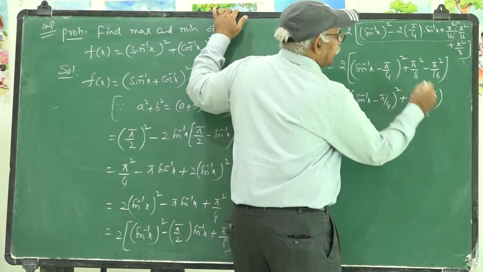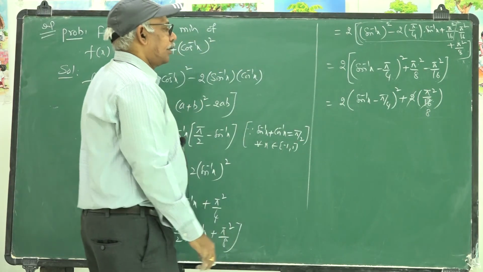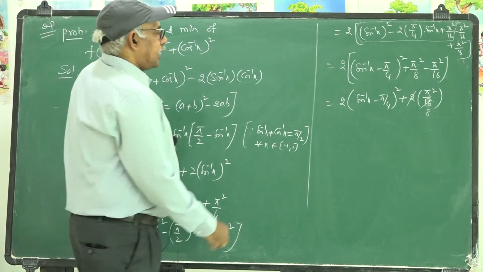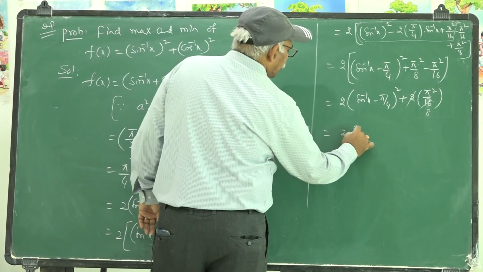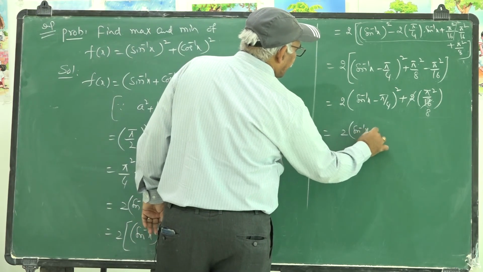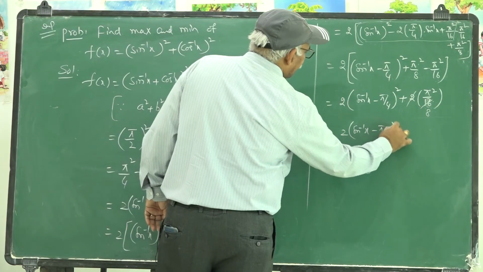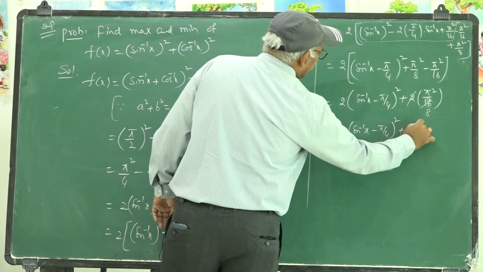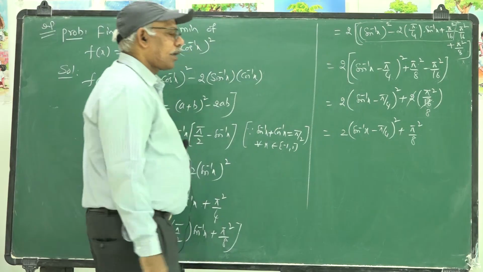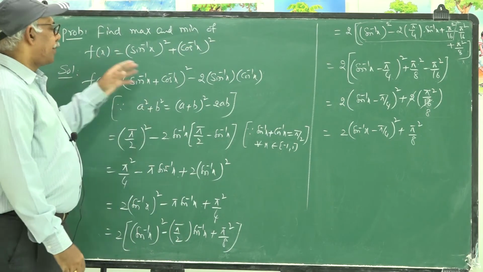On cancellation, we get 8. That is equal to 2 into (sin inverse x minus pi by 4) whole square plus pi square by 8. This is our given function f(x).